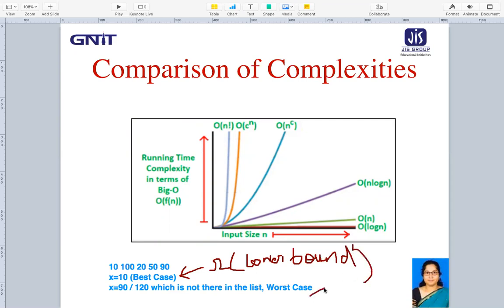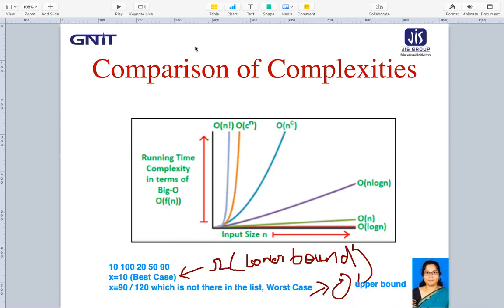And the worst case can be solved using big O, because it is the upper bound, because your complexity cannot go beyond above this. So this is the maximum value. So this is the lower bound, or the minimum time required to solve this problem, and this is the upper bound, the maximum time taken to solve this problem. So we can use these asymptotic notations for representing these two cases.